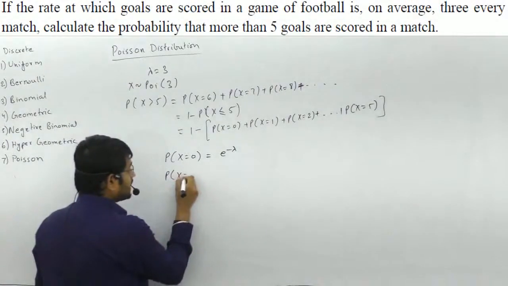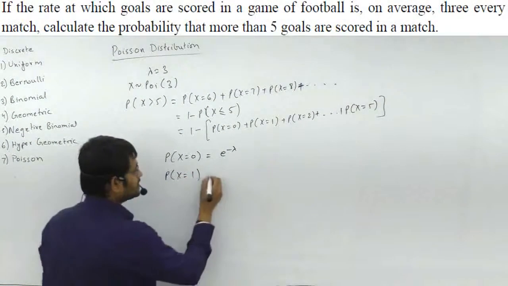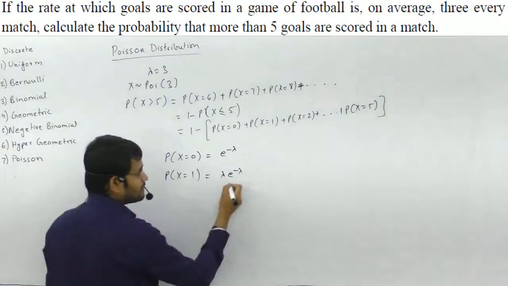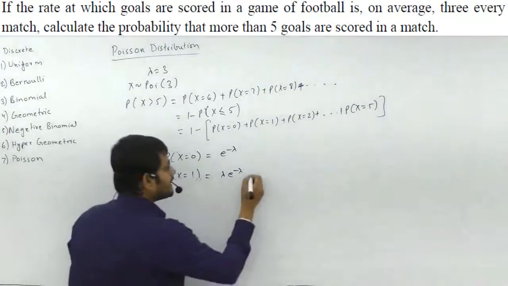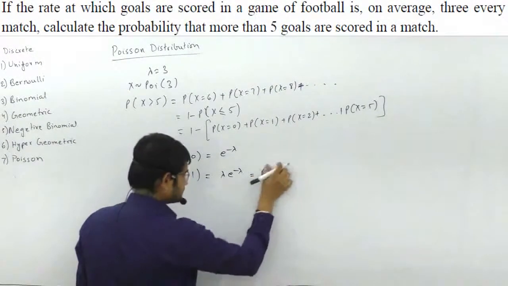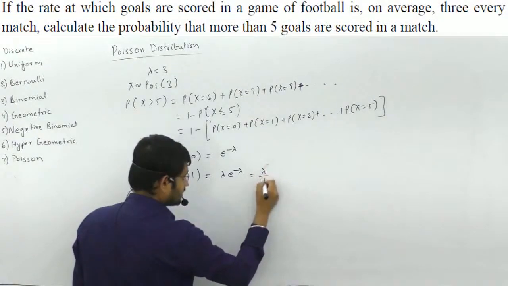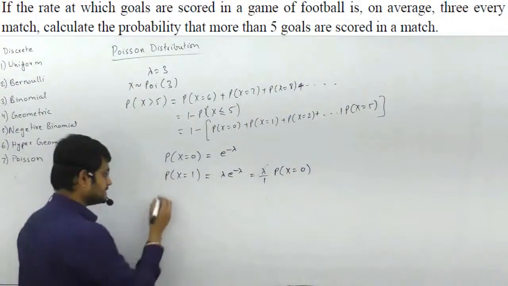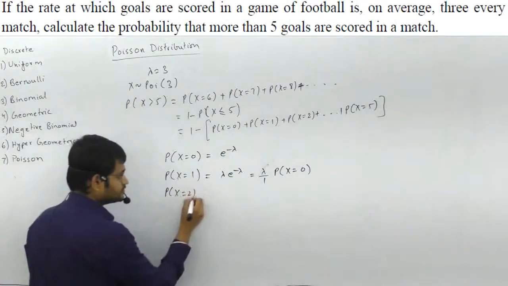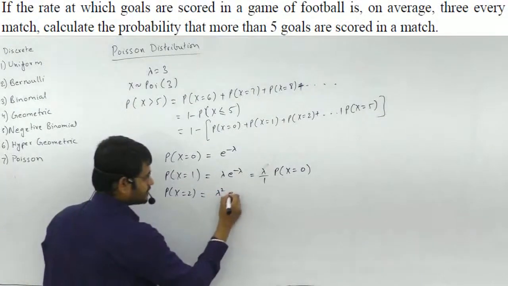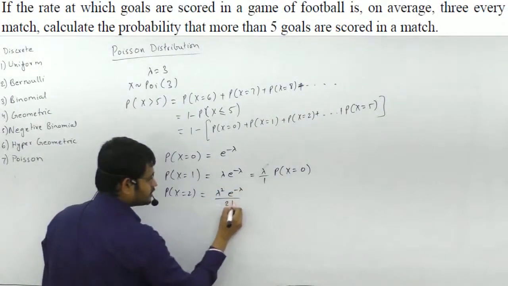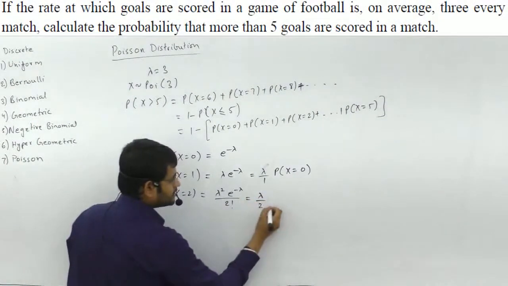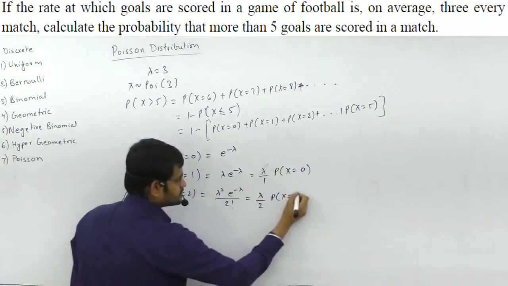Then probability x is equal to 1 is nothing but lambda raised to 1 e raised to minus lambda by 1 factorial, or I can say this is lambda by 1 into probability x is equal to 0. Similarly, probability x is equal to 2 can be written as lambda square e raised to minus lambda by 2 factorial, that can be written as lambda by 2 into probability x is equal to 1.